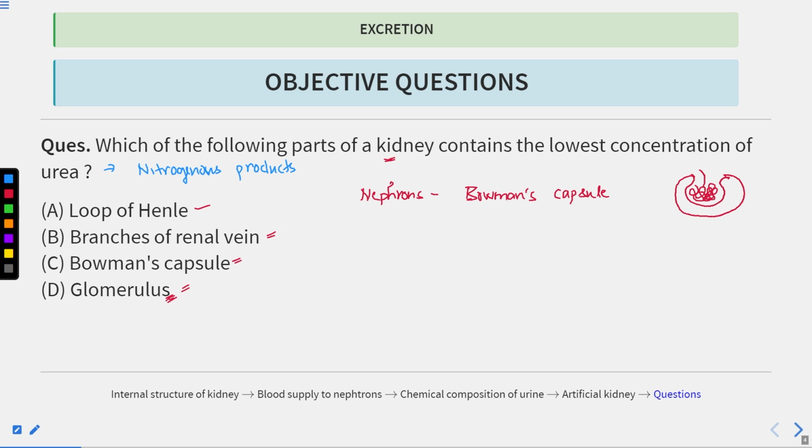Here you have the afferent arteriole, then the blood is filtered in the glomerulus, and then you have the efferent arteriole. Here impure blood will come, here pure blood will come. This is the afferent arteriole, and the other one is the efferent arteriole.